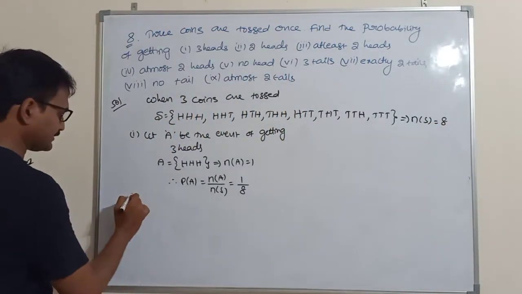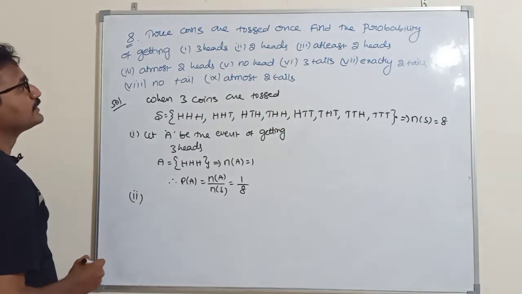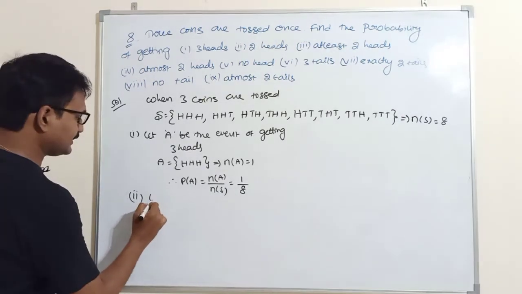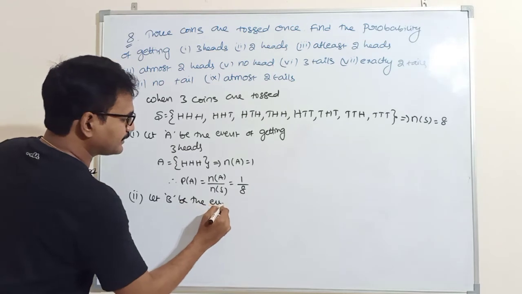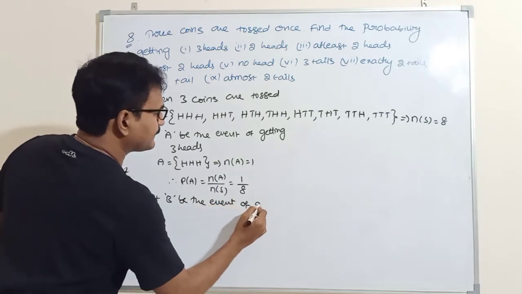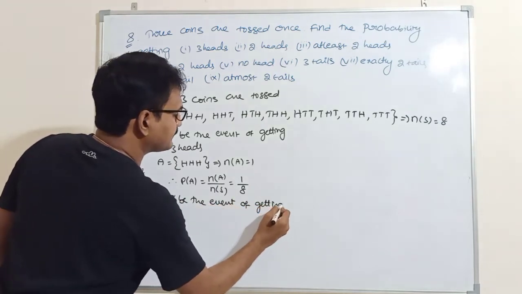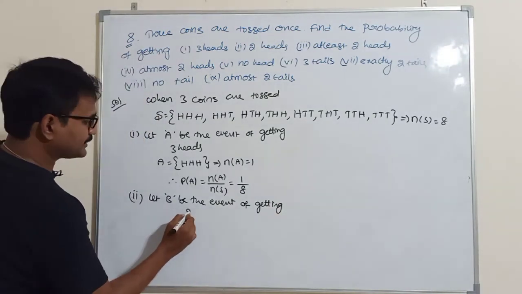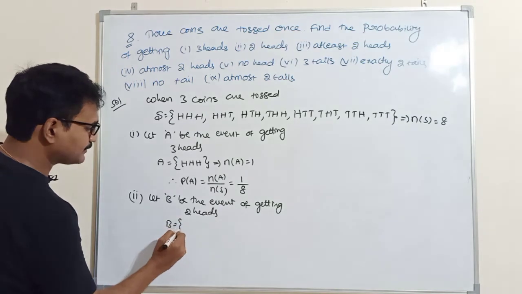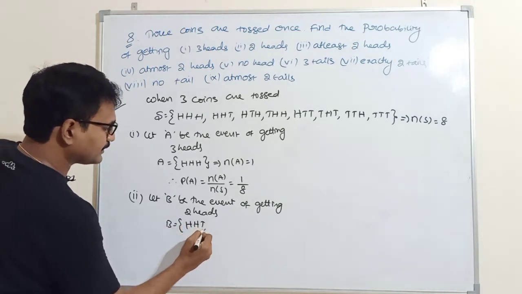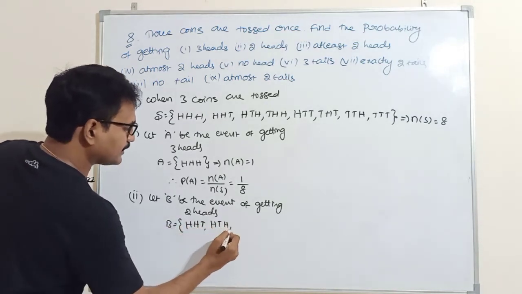Next, second question. 2 heads. Let B be the event of getting 2 heads. Event of getting 2 heads means B is equal to either HHT or HTH or THH.